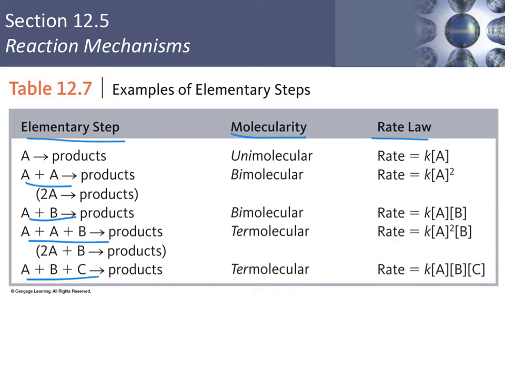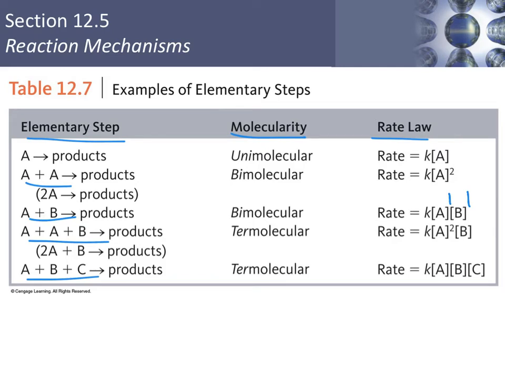For bimolecular that has two different reactants, the overall reaction order is also showing up as second order. Remember, first order with respect to A, first order with respect to B. The overall reaction order is 2.